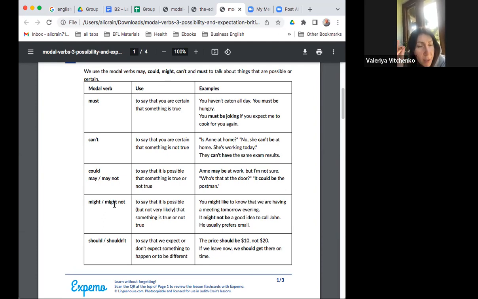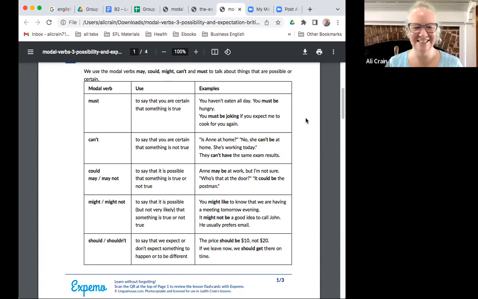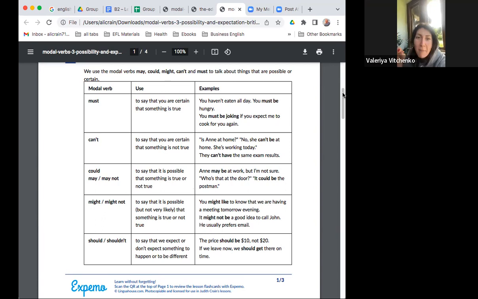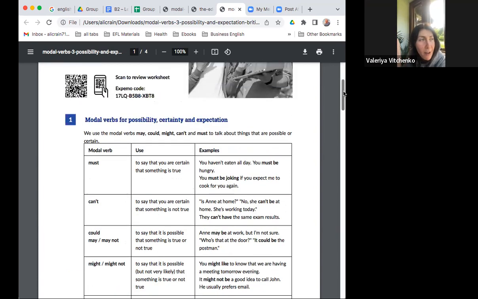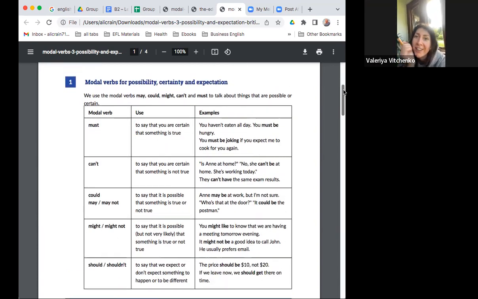For example, if you should visit some place, we use should. If you have to do something, we use have to, and must, it's like, I don't know, in the army, you must protect your country. So it's like a must, a higher level than should.